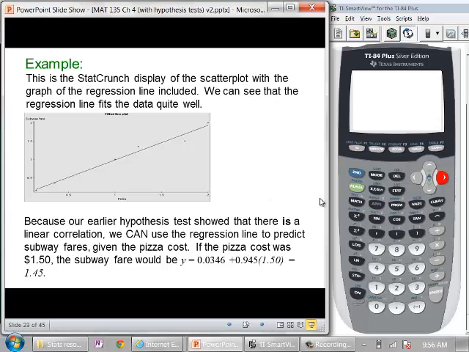So let's go out here and say, okay, now pizza costs are $5 a slice. Can we still use this equation to predict the subway fare? Not necessarily, because $5 is so far outside the data that we already have that it's a little bit dangerous to assume that it would still have the same relationship.